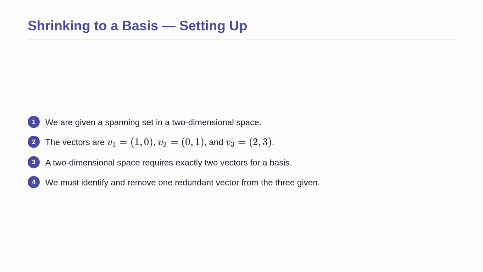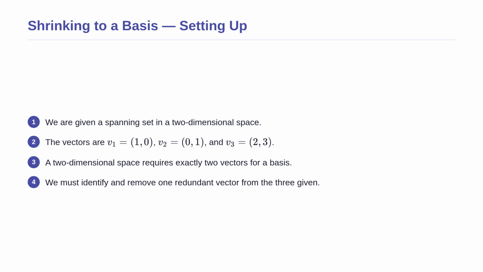Now that we have seen the visual intuition, let us try constructing a basis using the shrinking method with actual numbers. Suppose we are working in a standard 2-dimensional space. We are given a spanning set consisting of 3 vectors. v1 is (1, 0), v2 is (0, 1), and v3 is (2, 3).